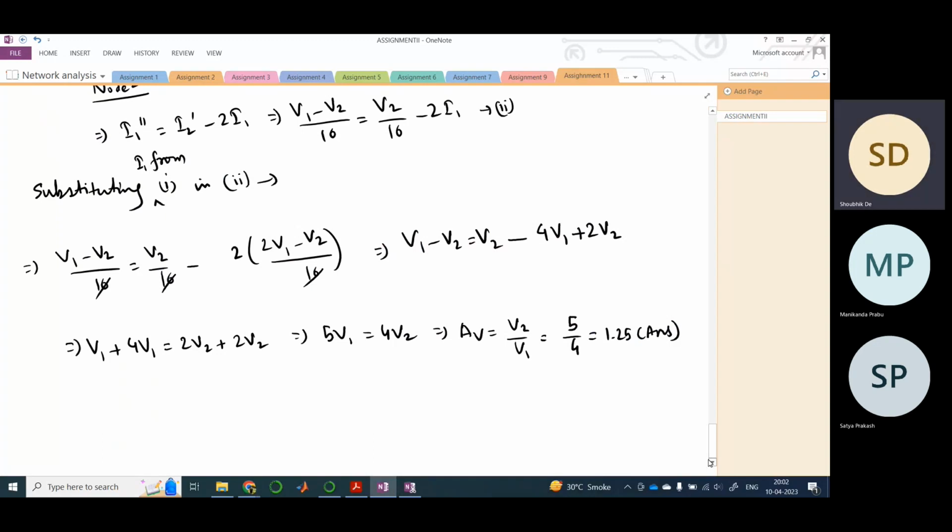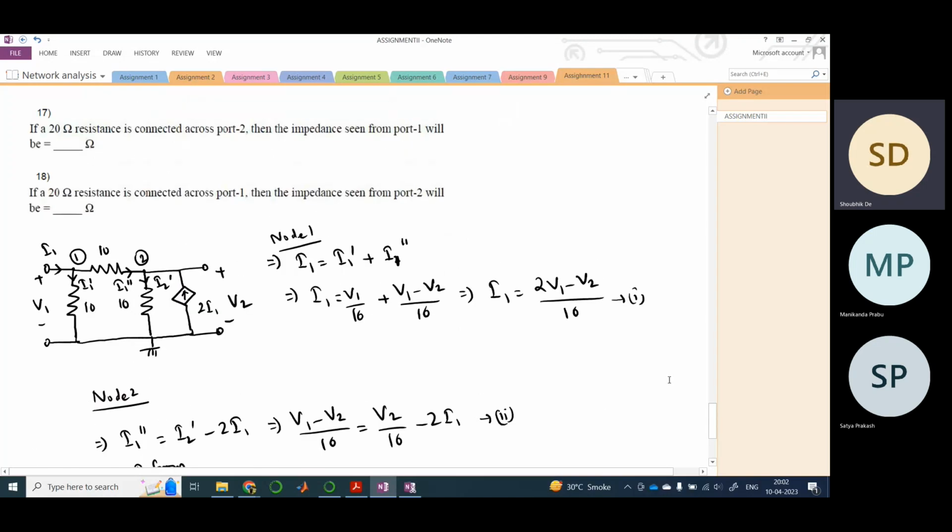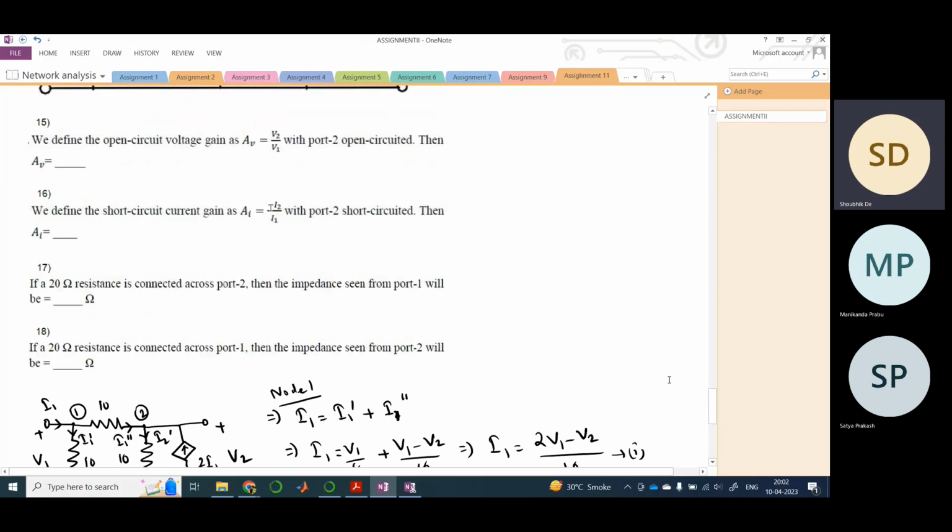You can solve it using two-port network and then try to match the answer. This would be an exercise for you as well, a practice before you sit for the exam. Okay, if you don't have doubt, let's move to the next part.